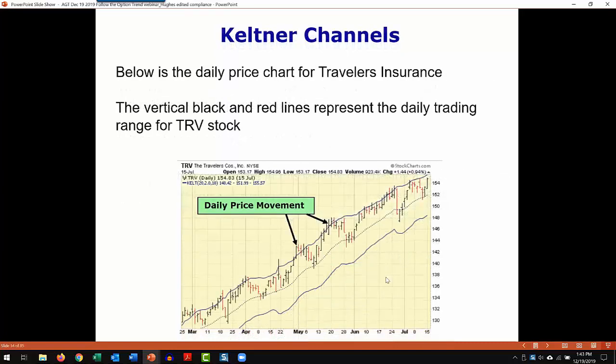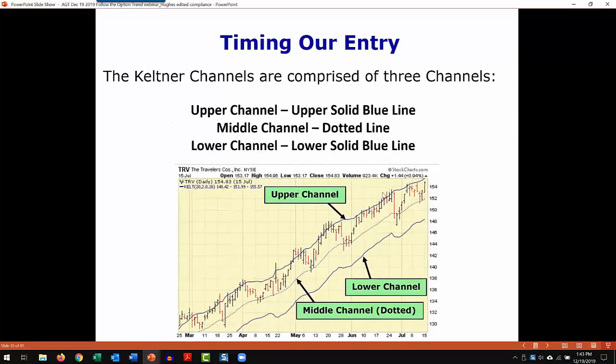So we use the Keltner channels to help us time our entry into stocks that are in a price uptrend. And as I mentioned, the vertical red and black lines represent the daily price movement of Traveler's stock. And there's 3 channels in the Keltner channels.